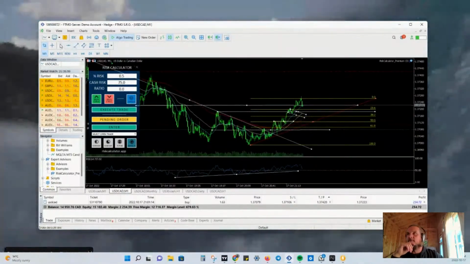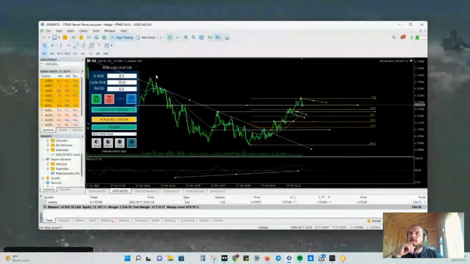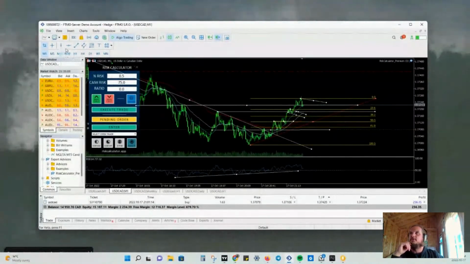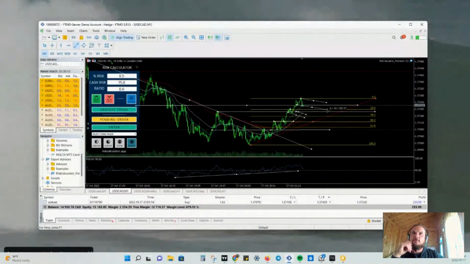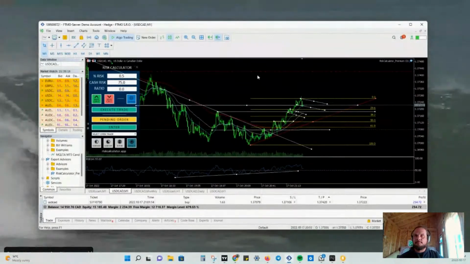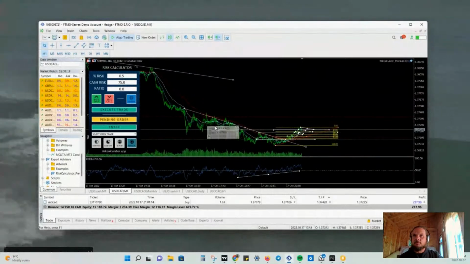Let's try another one. Strong possibility of flagging out here, especially because of the zone that we're in, where there was a lot of this was support.